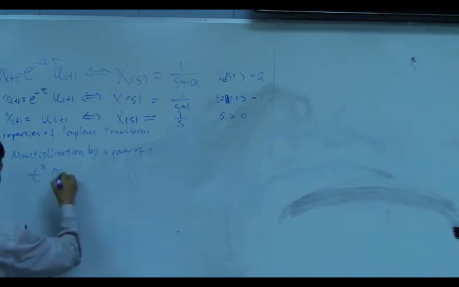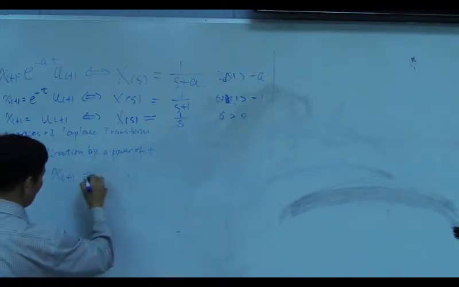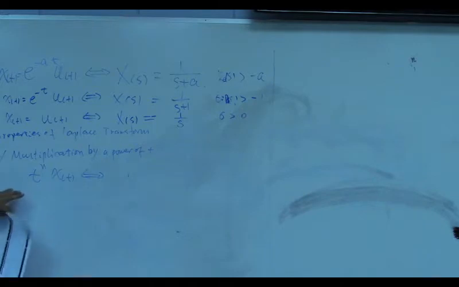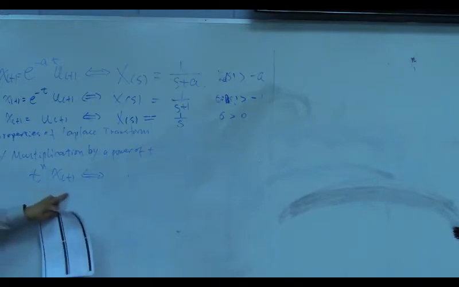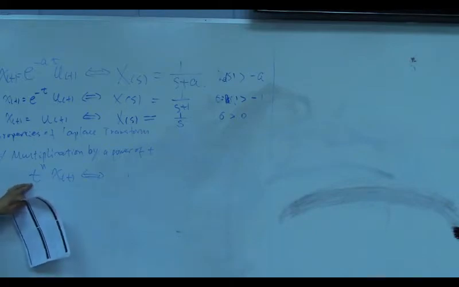What does that mean? Again, we know little x gives us a capital X. So for t to the n times x(t), what's the Laplace transform of this one? We already know the Laplace transform of x(t), then we just multiply by t to the n.